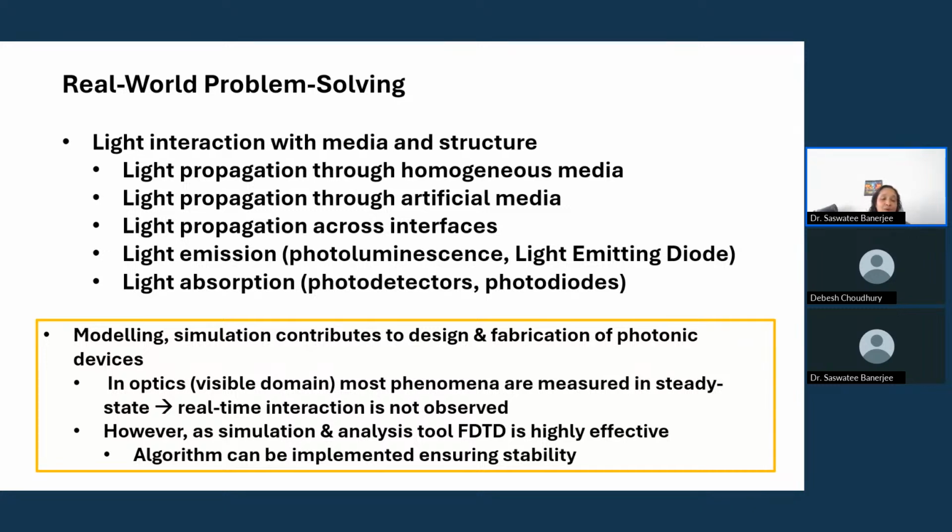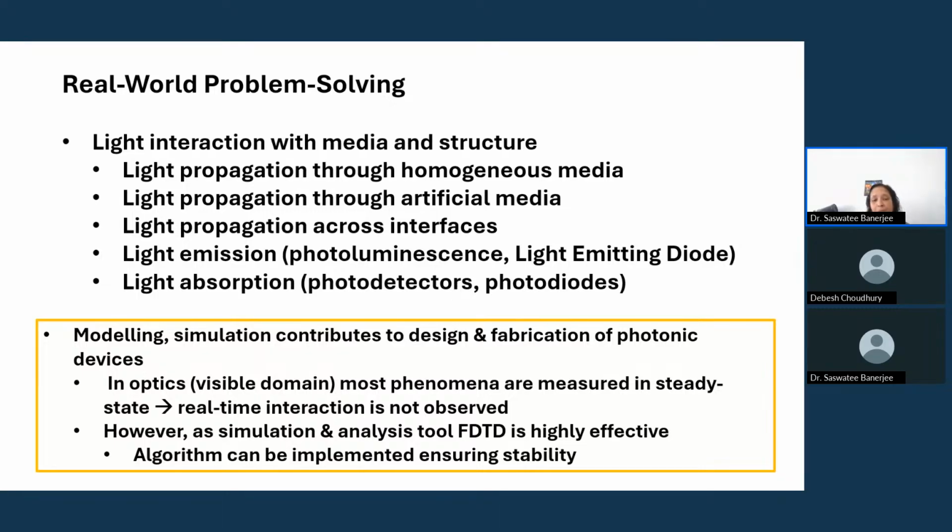Another thing that is very important to understand is that in optics, we really don't measure everything in real time. We measure things in the frequency domain, and real-time interaction we don't even observe.